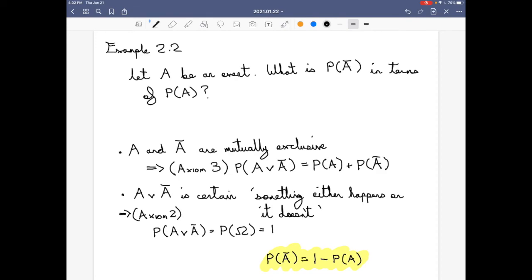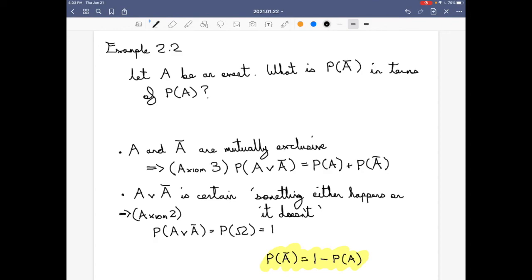Okay, so let's think about how we can do this. One thing that's straightforward to observe is that A and A complement are mutually exclusive. It's impossible that something happens and doesn't happen. That's inherent in the logical construction of the concept of a complement, that it's mutually exclusive with the original event.